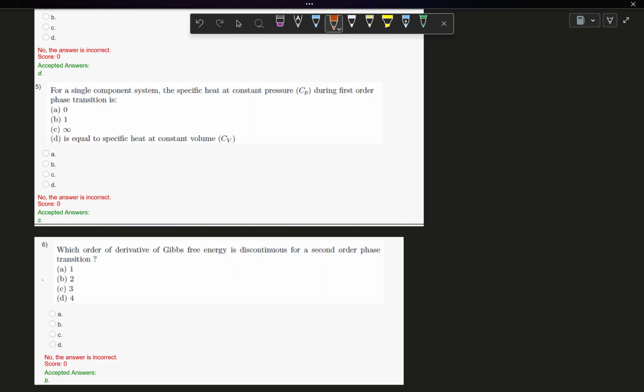So basically a first order phase transition is defined as when the Gibbs free energy's first order derivative becomes discontinuous at the transition point.